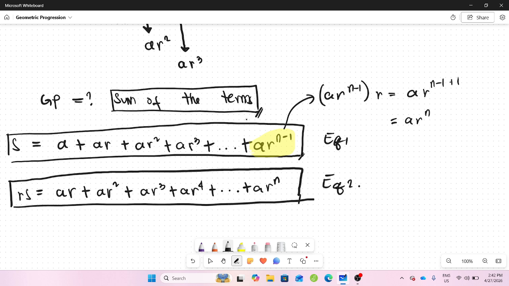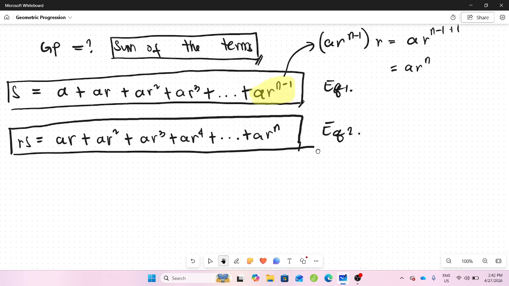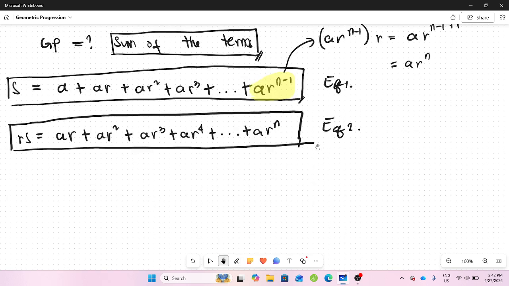Now what I'm going to do is multiply equation 2 by negative 1. So this becomes negative rs.